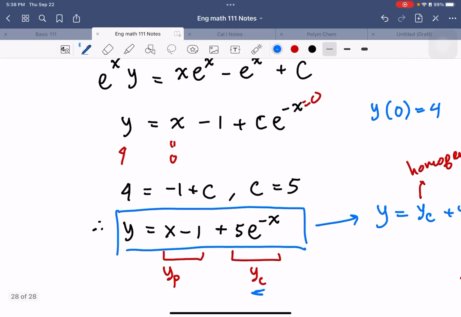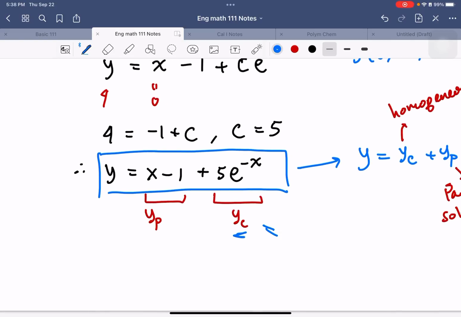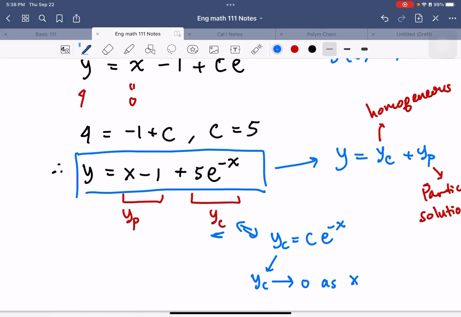If we look at the general component, that is c e to the power of negative x, this will be equal to 0, or it will approach 0 as x is getting bigger.